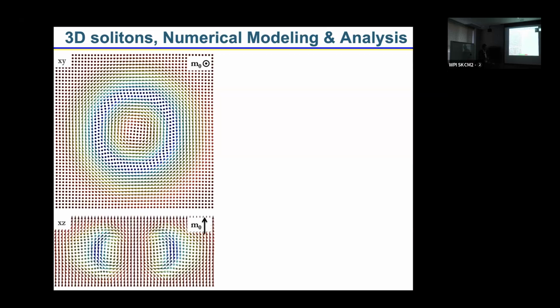But then in a plane containing far-field magnetization, we have a continuous structure that is everywhere well-defined, non-singular, but yet topologically non-trivial, similar to what we had also for two-dimensional skyrmions, right?